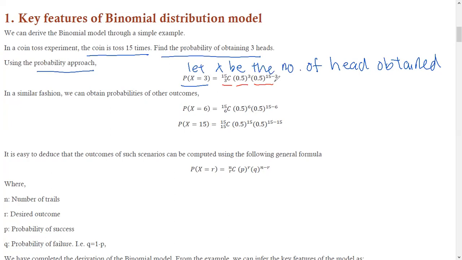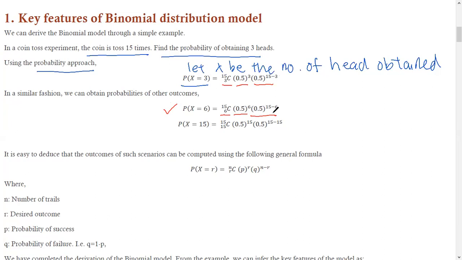If we extend this calculation to other outcomes, for example, if I want to find the probability of getting 6 hits, this will be P(x equals 6). We just have to modify what we have done a bit, which is 15 choose 6, multiplied by 0.5 to the power of 6, and 0.5 to the power of 15 minus 6.